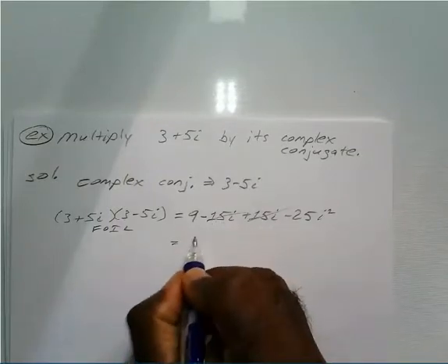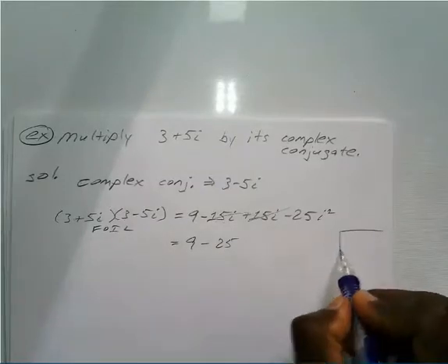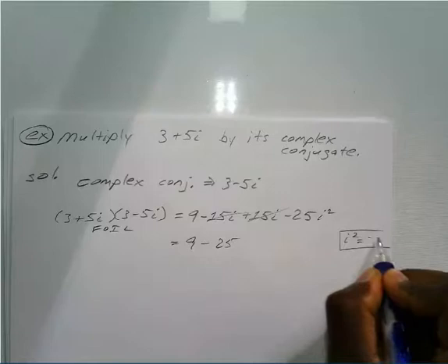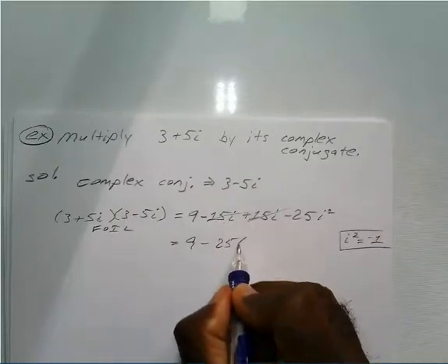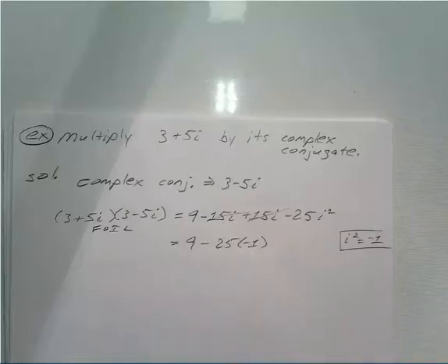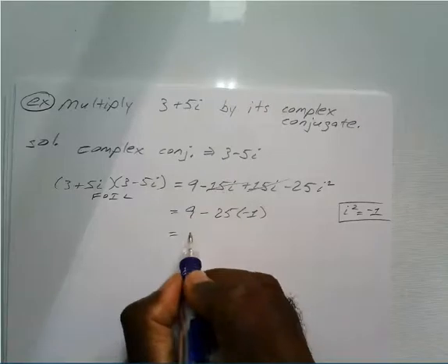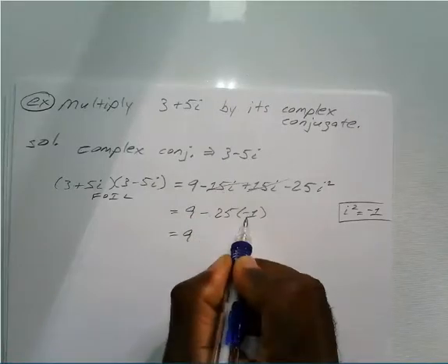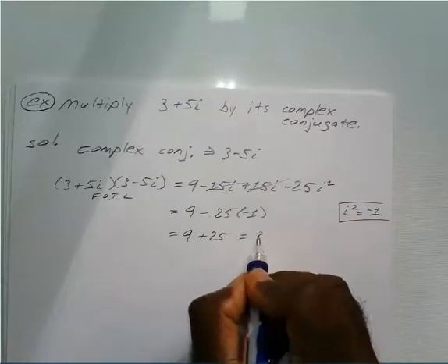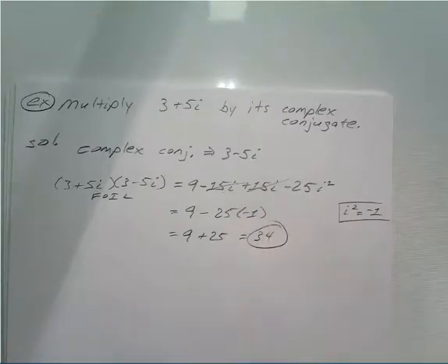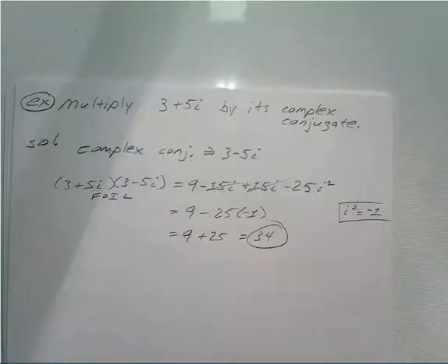So you're left with 9 minus 25i squared, and remember, i squared equals negative 1. So that is minus 25 times negative 1, which means 9 plus 25. So you have 34. And it didn't say put it into a plus bi form, so we can leave it as 34.